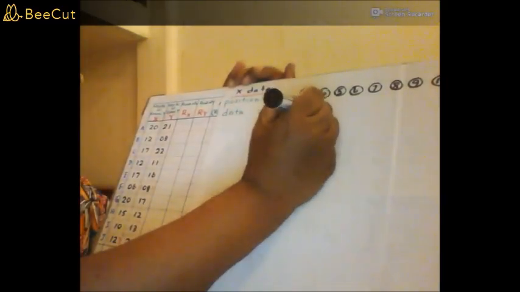Next one is 17. Write the next one, 17, under 3. Then there's another 17. Be careful, right? 17, 17.